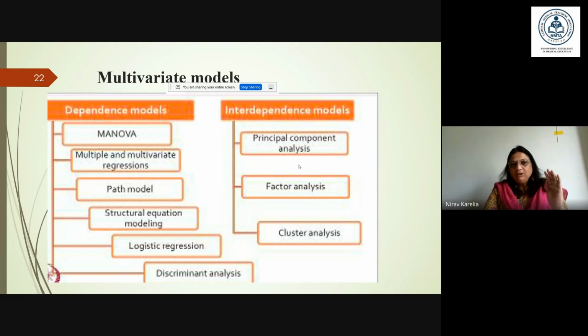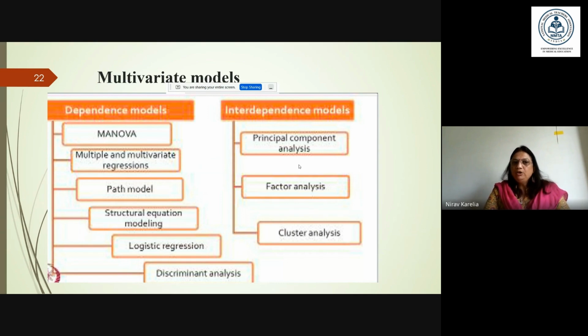I am only giving a brief introduction, but it is very helpful, because the main purpose of this lecture is that you start using multivariate analysis. You should think that with my data I can apply multivariate analysis, and I can go for large data or big data.